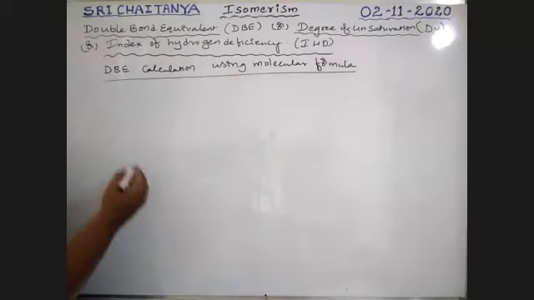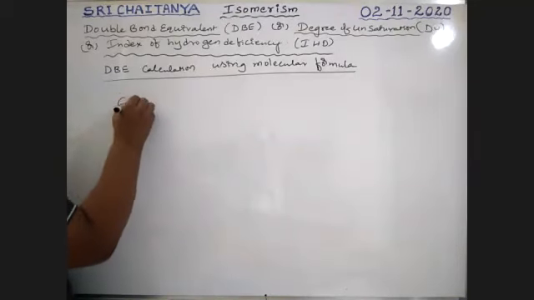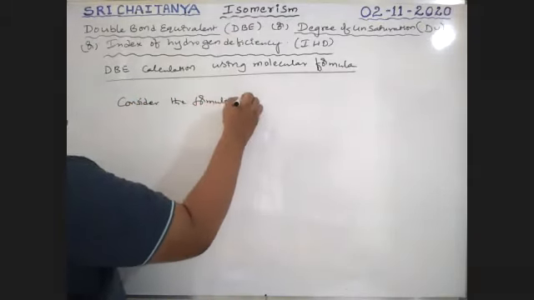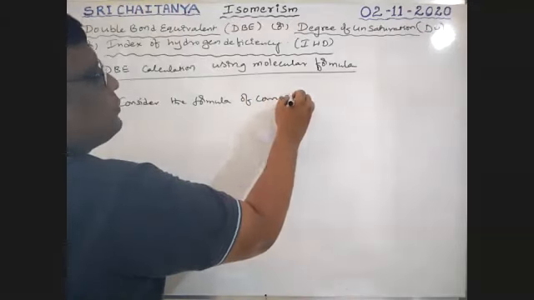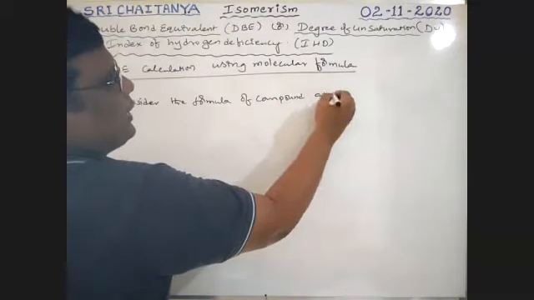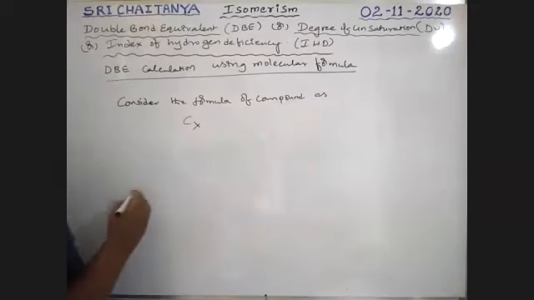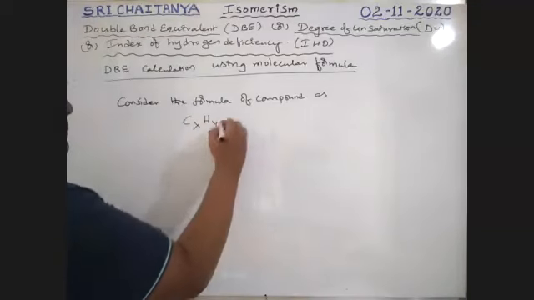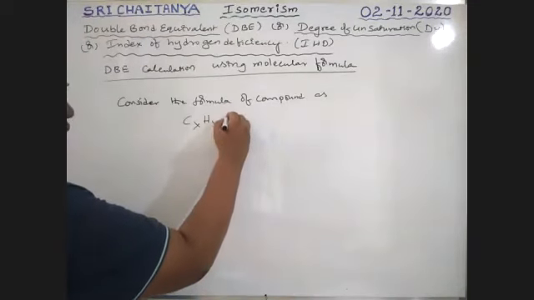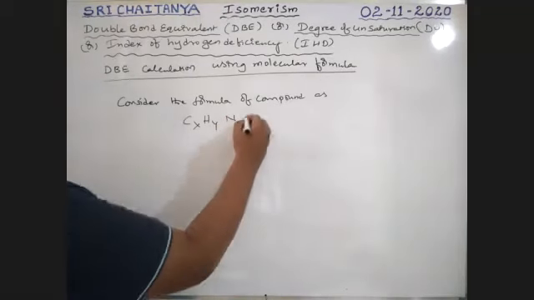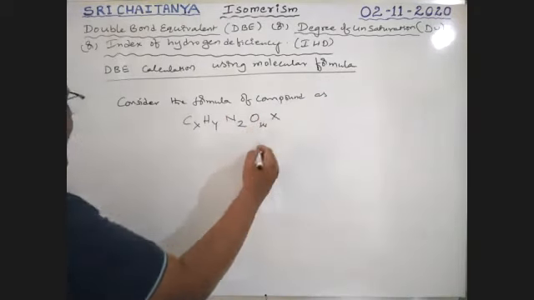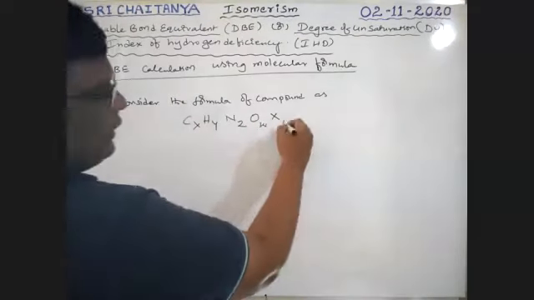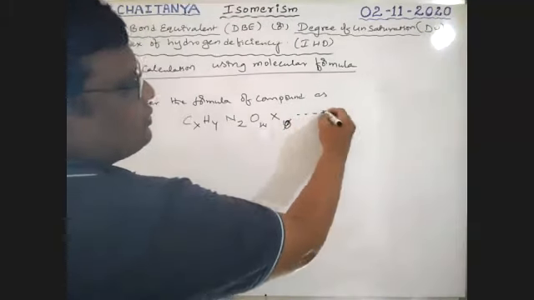So boys, let us consider the formula of compounds as Cx Hy, and Z times oxygen, W times halogens, and so on.